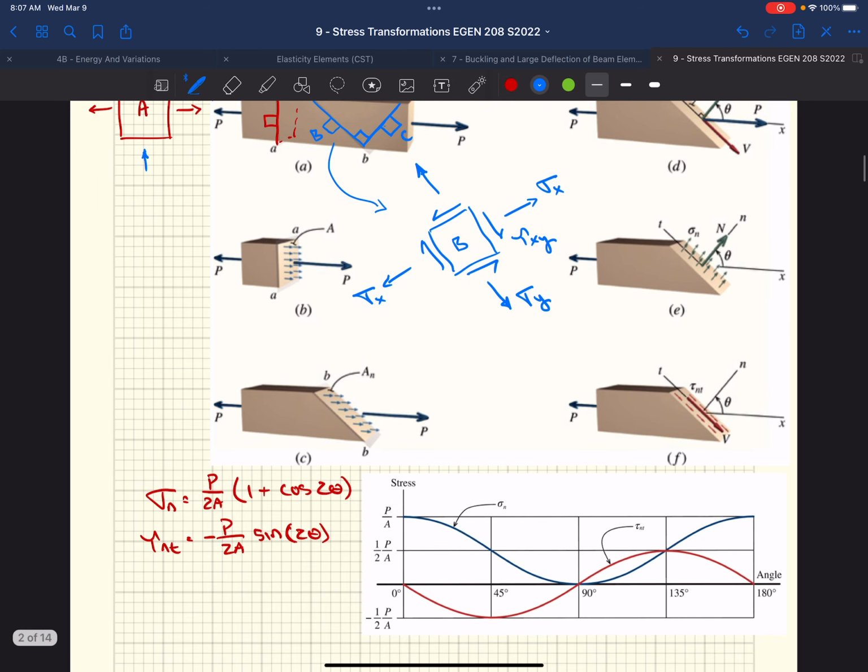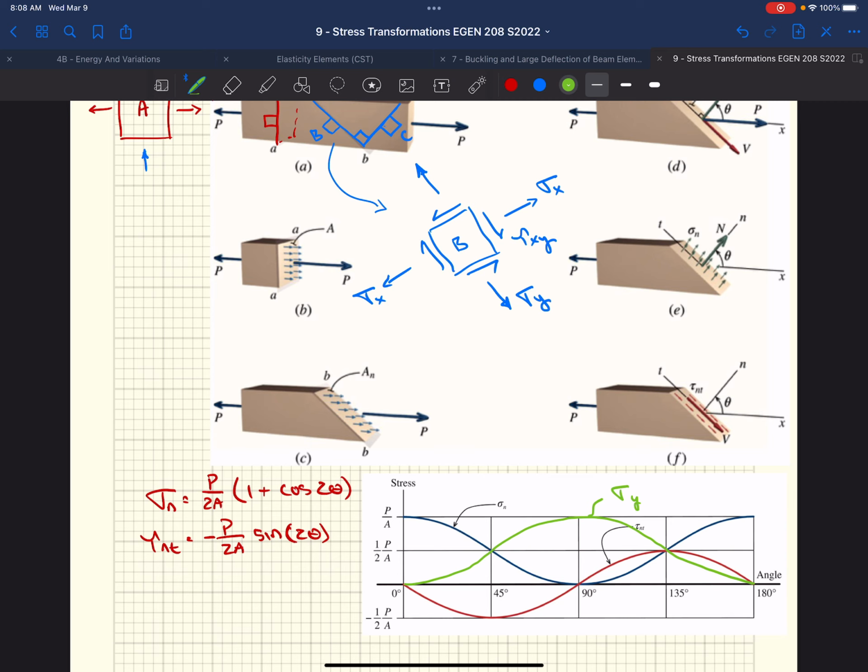And so when we look at this diagram, we really have one more stress happening, this sigma y. And so we have this relationship of the normal stresses and the shear stresses as we decide to cut our material at any angle. Okay.